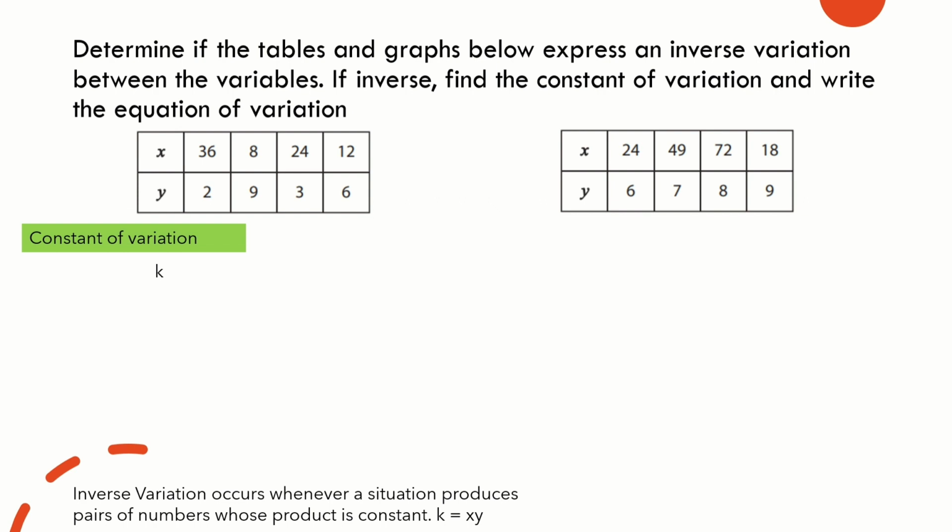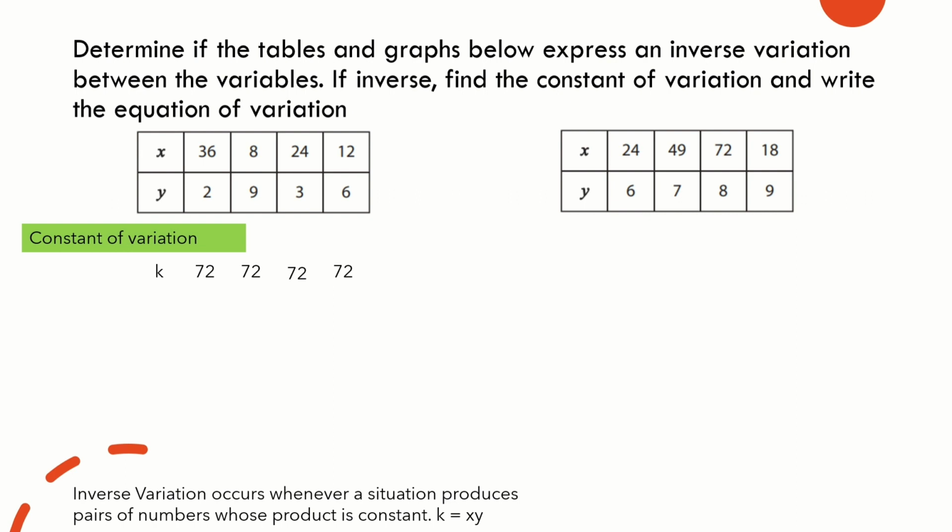So we multiply 36 times 2, that is 72. Next is 8 times 9, that's also 72. 24 times 3, 72, and 12 times 6, also 72.